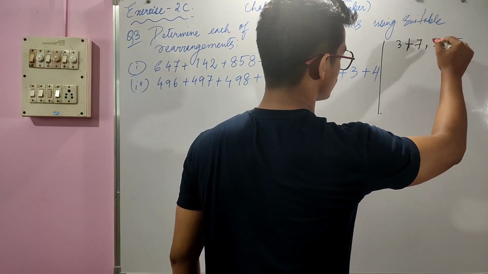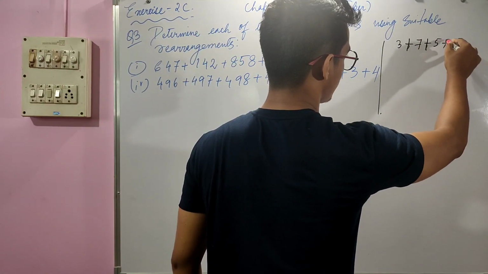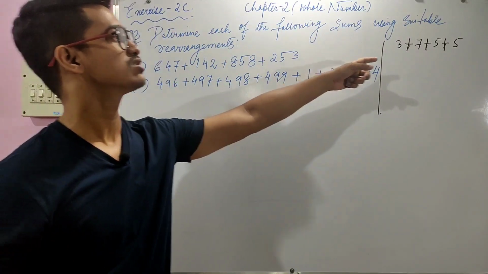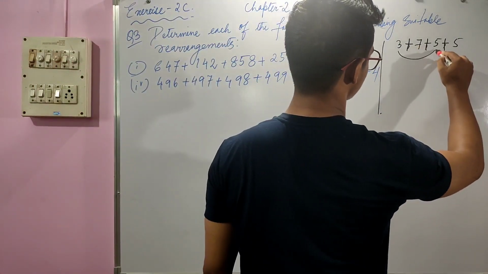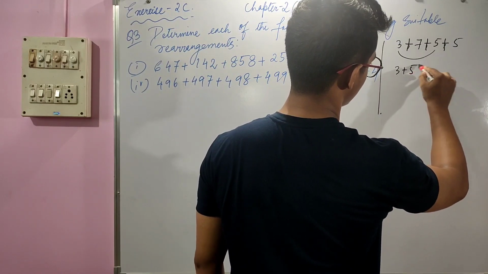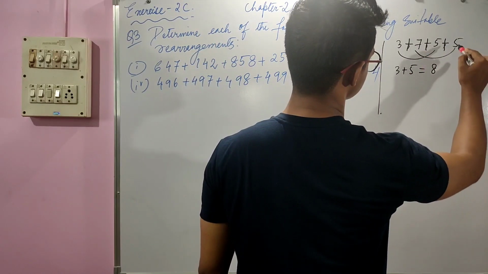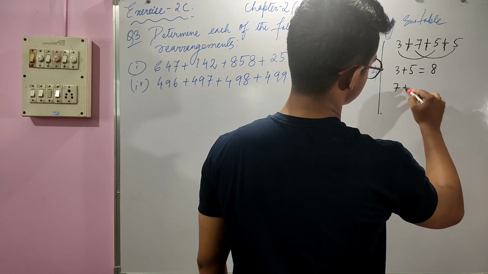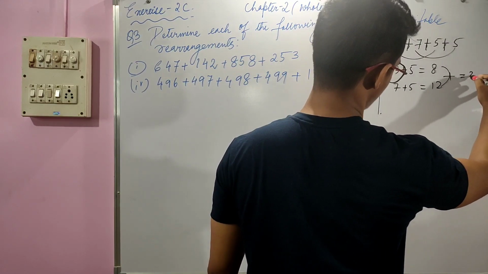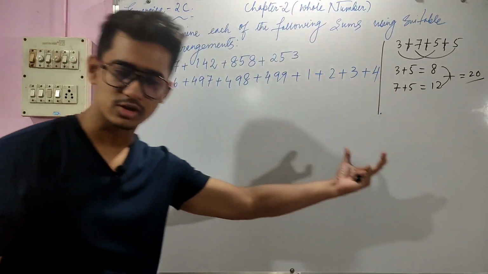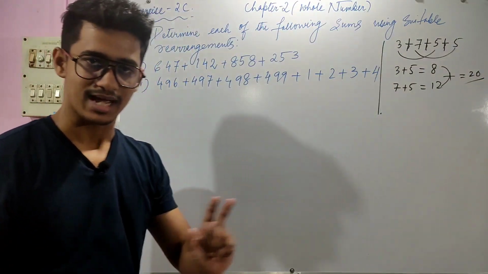If I put plus instead of comma, we can rearrange it this way: 3 plus 5 is 8, and then 7 plus 5 is 12, and then we add these two numbers. What is the result? 20.